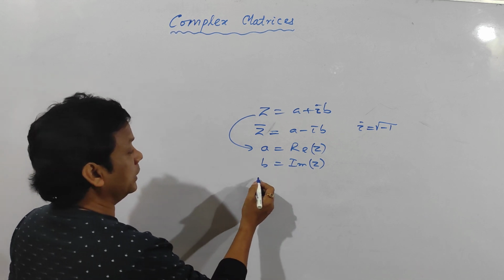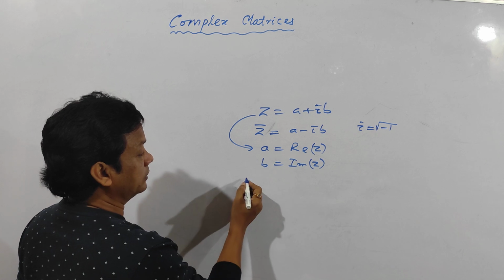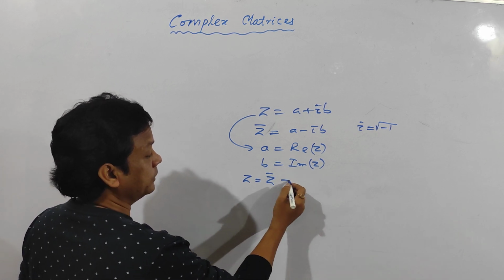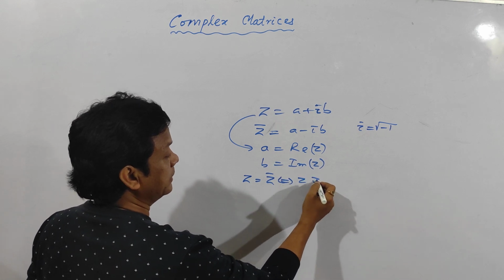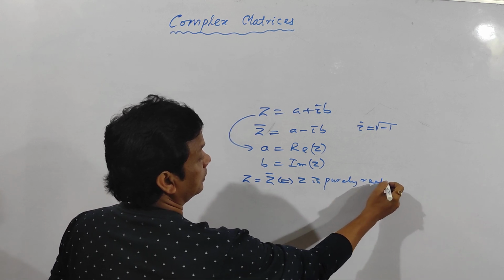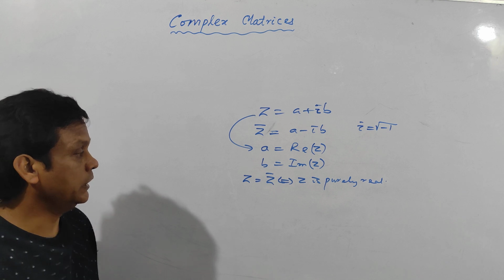And already it is known that under what condition Z is equal to Z bar? Z is equal to Z bar if and only if Z is purely real. If Z is purely real, then Z is equal to Z bar. Clear?